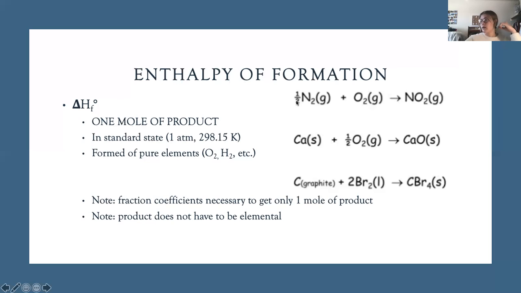Now, I also want to point out that there are fractions, which is normally a big no-no in writing chemical equations. The reason we can use fractions is because we can only have 1 mole of product.